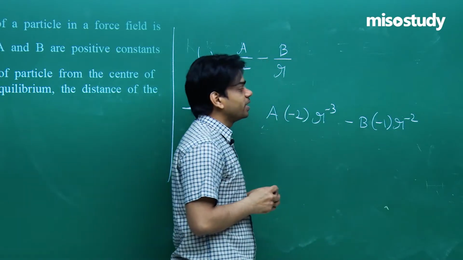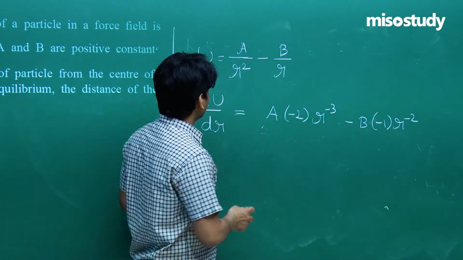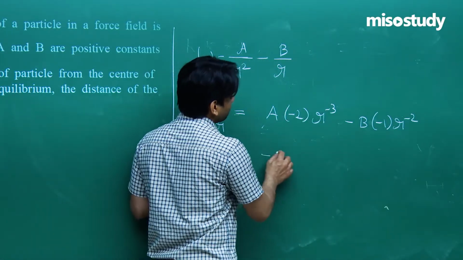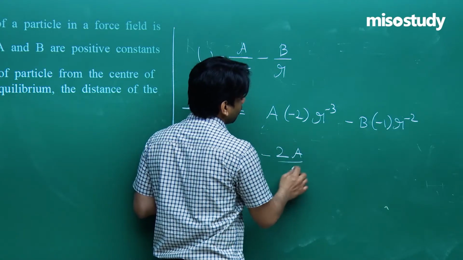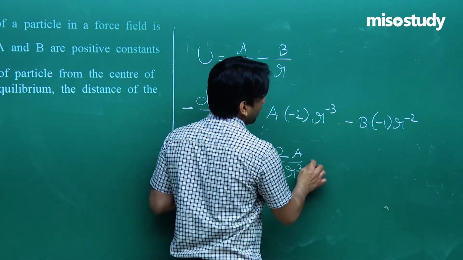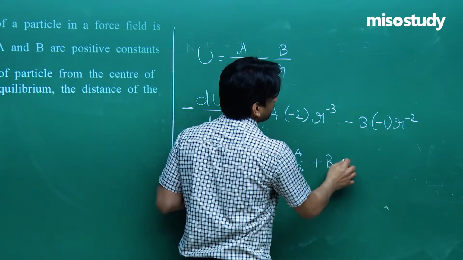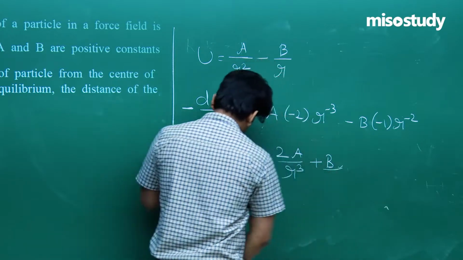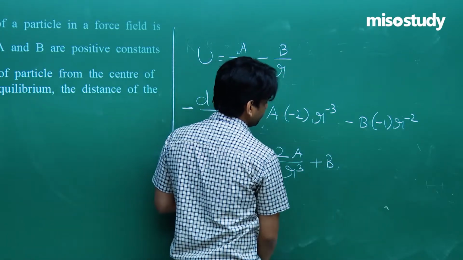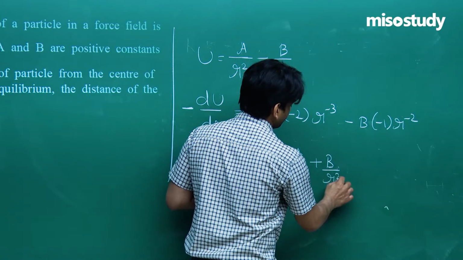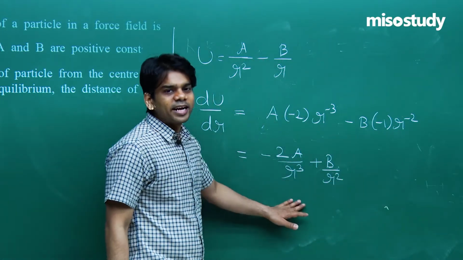This is what you will get for minus dU by dR. So let us write this as minus 2A upon R cube, plus B upon R square.